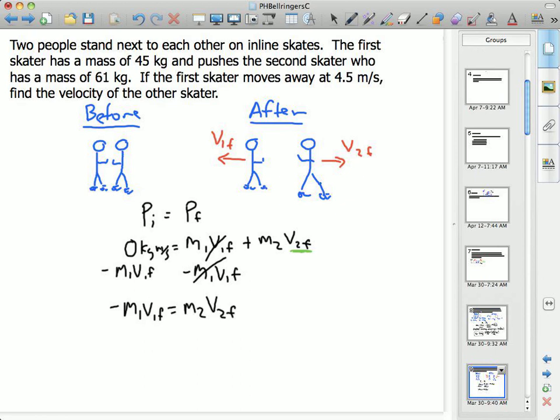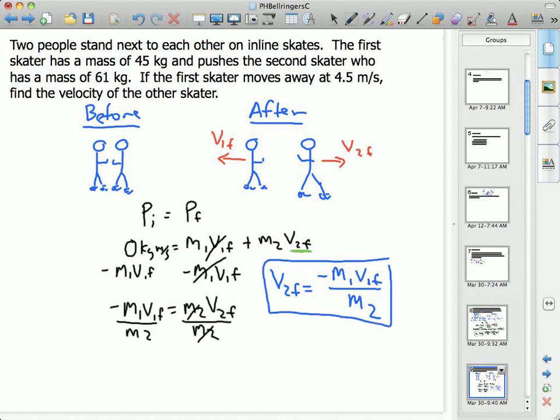Now we simply divide by M2 on both sides, and we have a formula for V2 final. For a simple explosion with two objects moving away from each other, V2 final equals negative M1 V1 final, the negative momentum of the first object, divided by the mass of the second object. I'm going to put a box around this because this is a formula you might want to write down and save for future use for explosion problems.